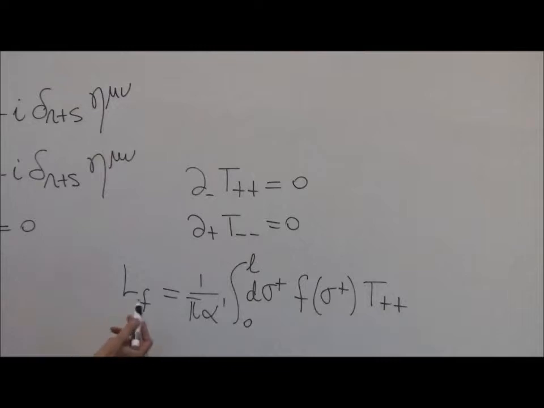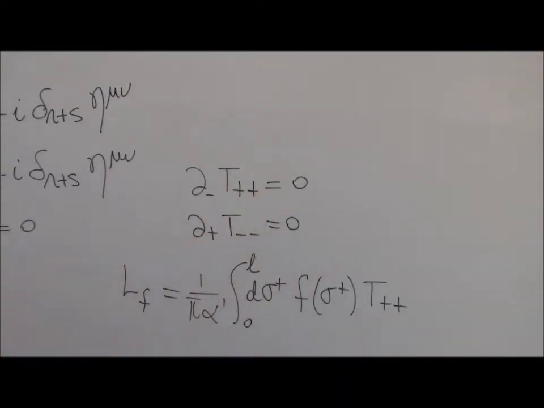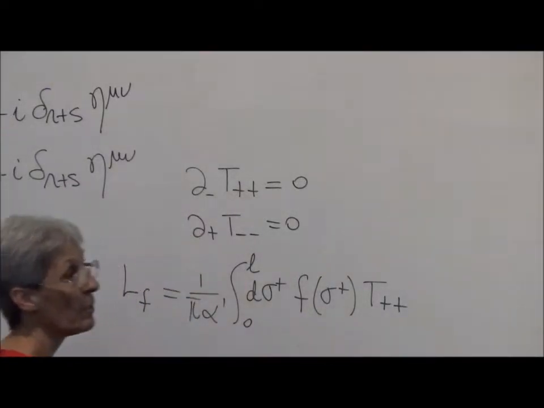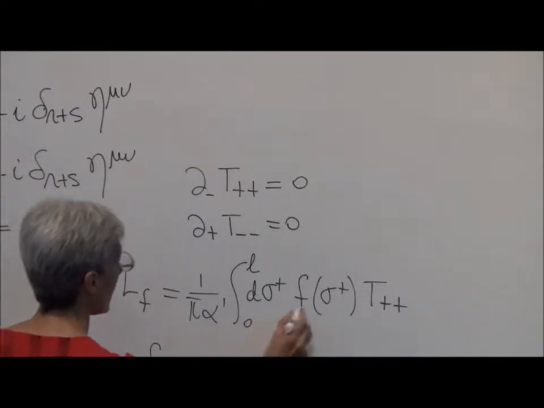Okay, but then the charges associated with the conserved currents here have this form, and then in particular I can choose a complete set satisfying periodicity conditions for the closed string.